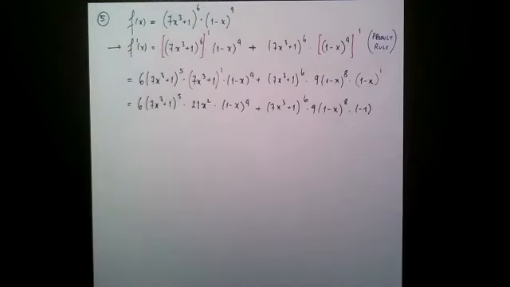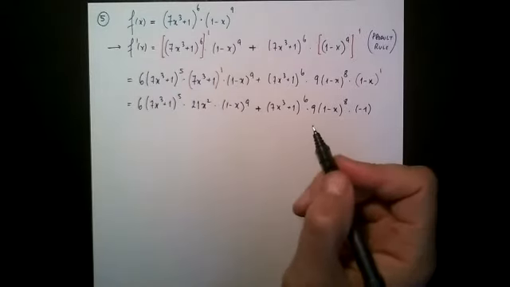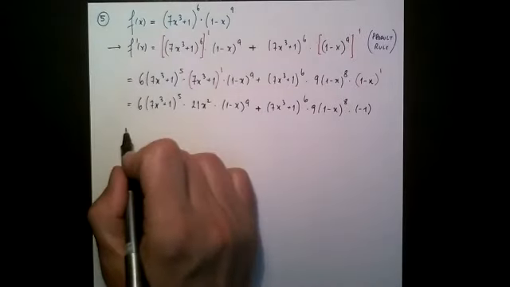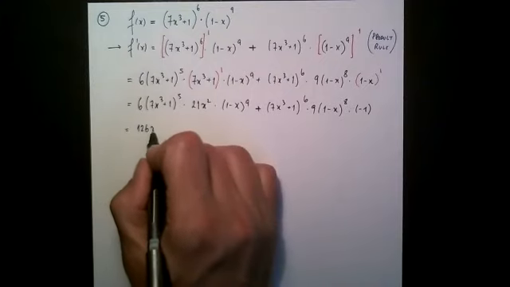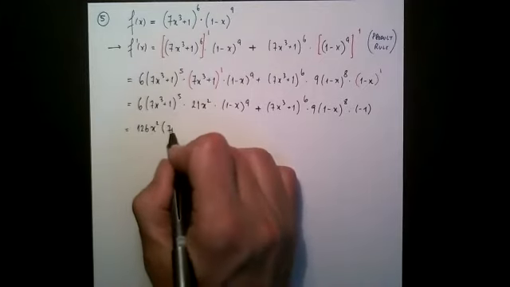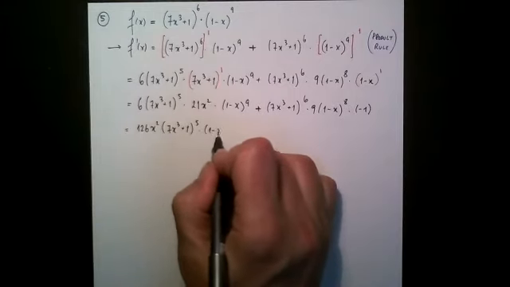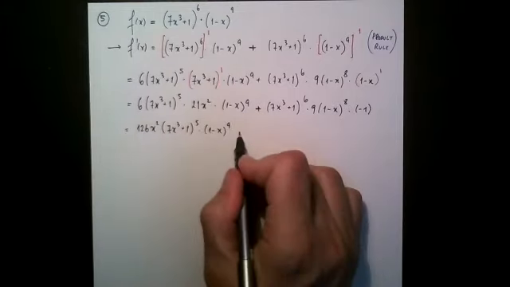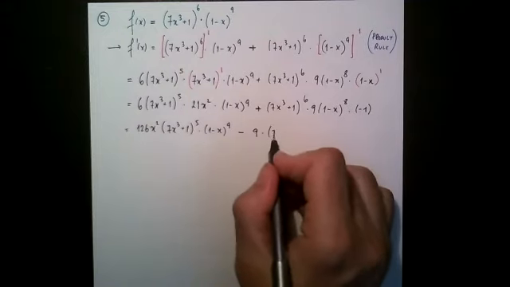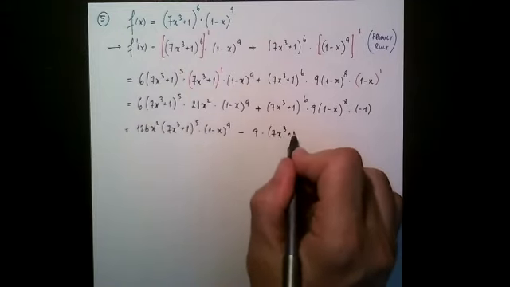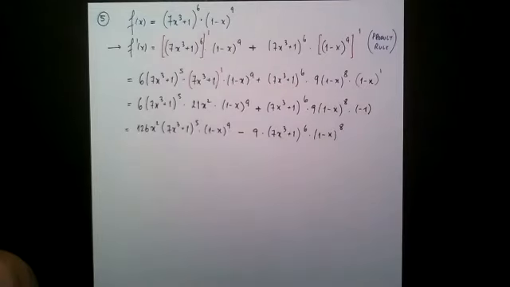I'm done, unless I ask you to simplify. So we could simplify it if you want. This is 126x^2 (7x^3 + 1) to the power 5 times (1 minus x) to the 9, then minus 9 times (7x^3 + 1) to the power 6 times (1 minus x) to the 8.